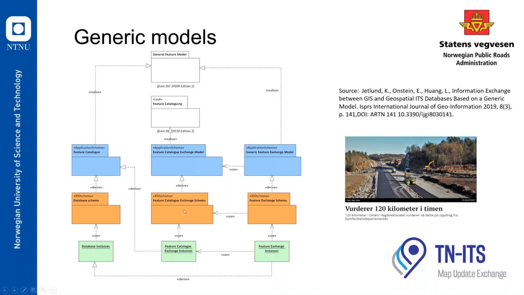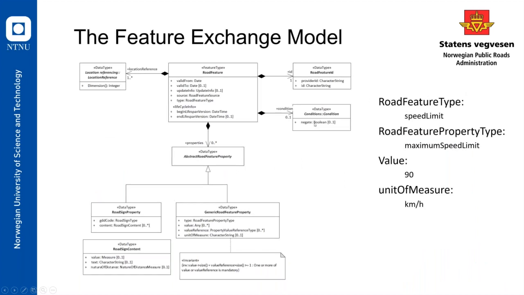So in the TNITS specification, this is implemented as the feature exchange model, where you have this generic road feature with a generic set of road feature properties. So instead of creating a class called speed limit in a model, we have created a generic class called road feature with reference to a road feature type.